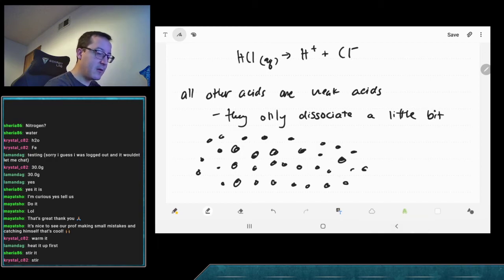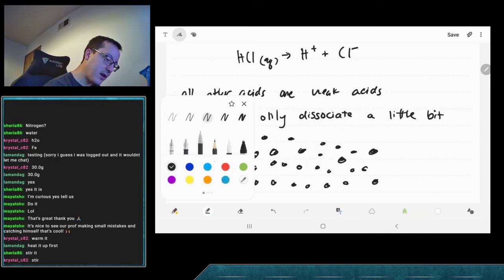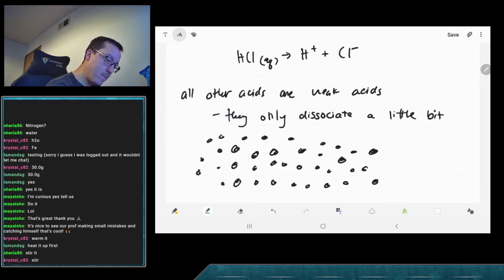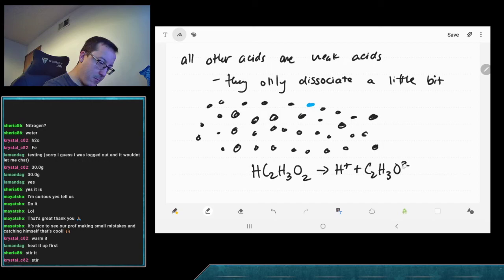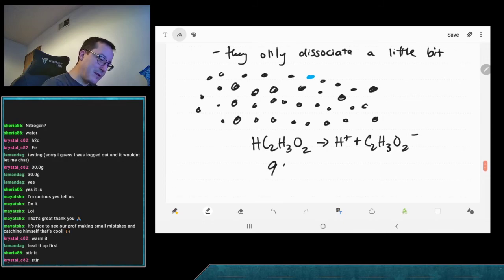Maybe one of these would be broken up. It's that blue one. That's the one that's broken up. So if we think about acetic acid, we're going to see that about 99% of the acetic acid is going to stay as that molecule and not break apart. And about 1% of the acetic acid will actually break apart.